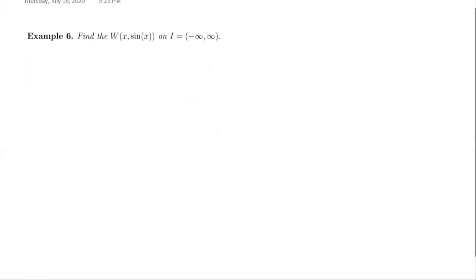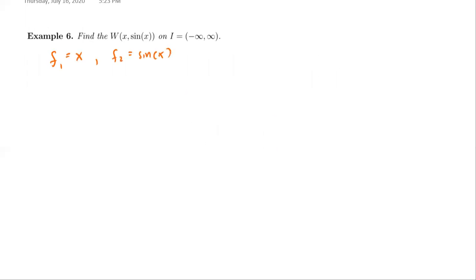So let's go ahead and apply it. Find the Wronskian of x and sine of x on I equals negative infinity to infinity. Okay. So we have two functions. It doesn't really matter in what order you put them in the matrix. So you can just call the first one f1 and the second one f2.